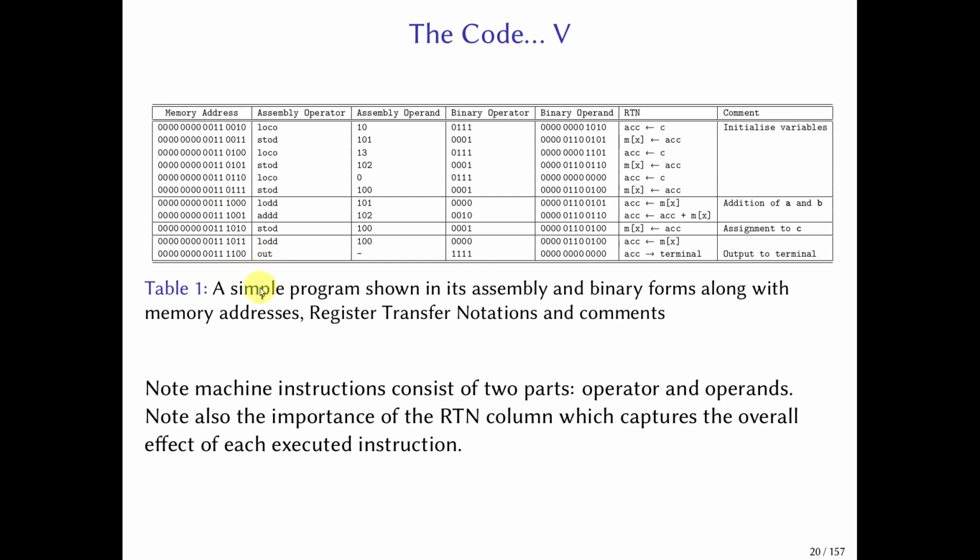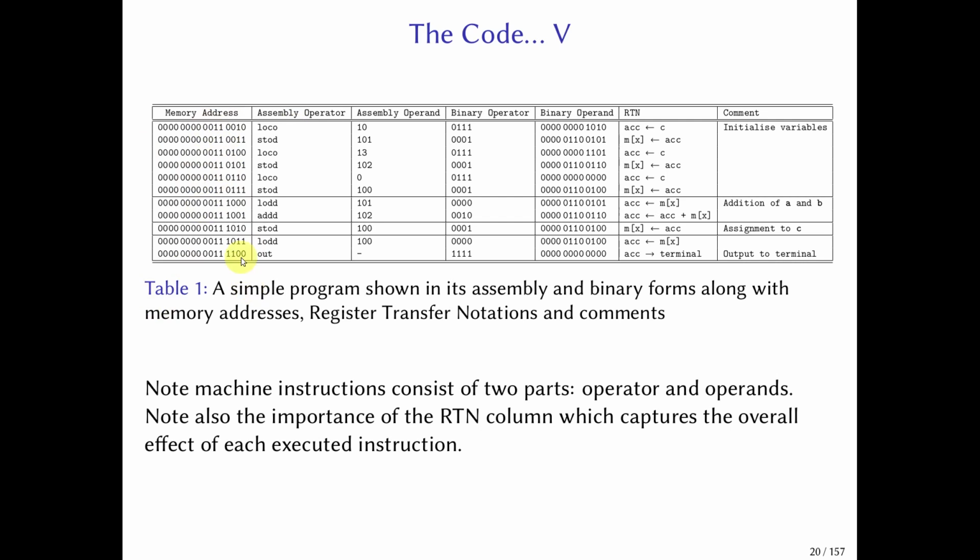So the idea is pretty simple. As we execute our program, we will fetch, decode, and execute each machine code instruction in turn. So for example, we'll start off with loco 10, and then we'll execute stod 101, and then we'll have loco 13, and so on and so forth until we have gone through all 11 instructions.